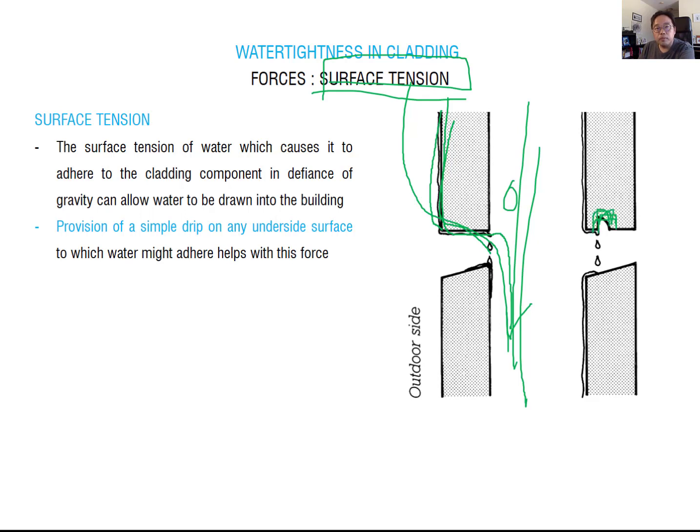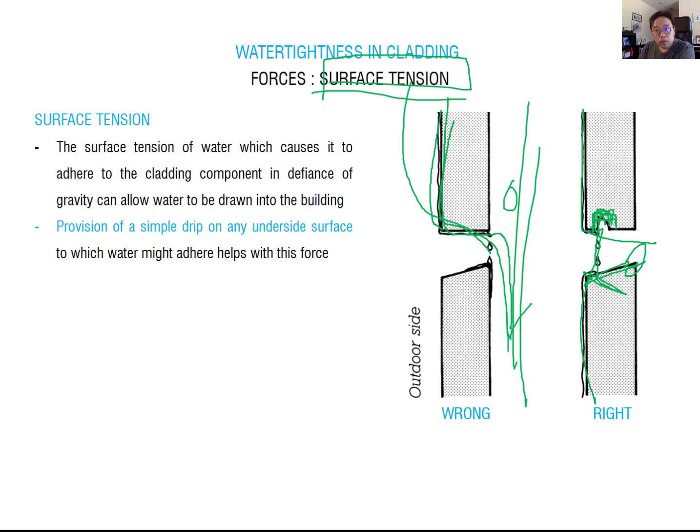This water stop breaks the tension, so the water cannot come into the space. The water comes down, gravity is not working this way, and the outside is lower, so the water keeps coming out.